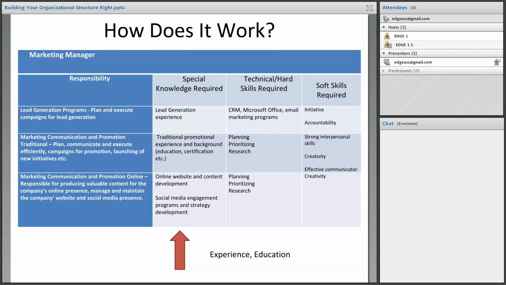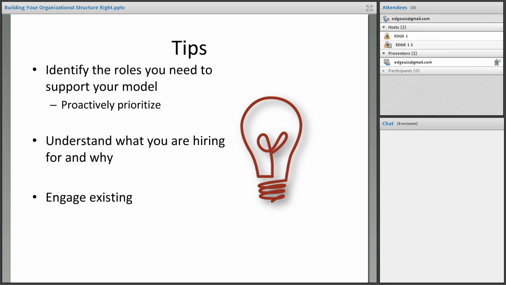And it allows me to create a posting which outlines the responsibility, and it outlines the skills, the knowledge requirements that I have, the qualifications that I need, the experience that I need, as well as the skills. And now I have directly linked back to what I have defined is the job that I need that is going to support my organization where I need to put the role.